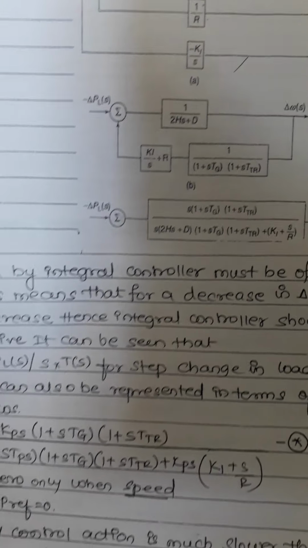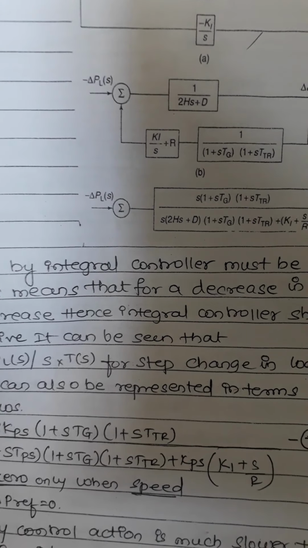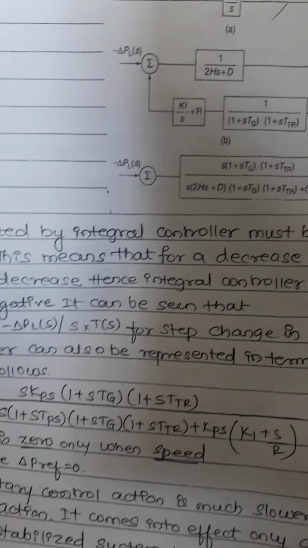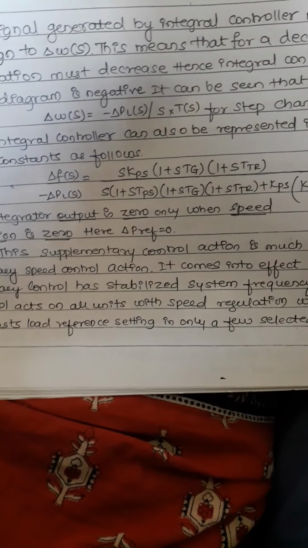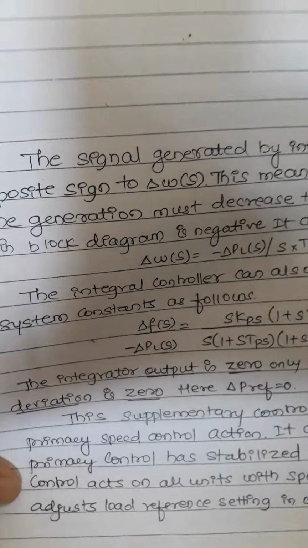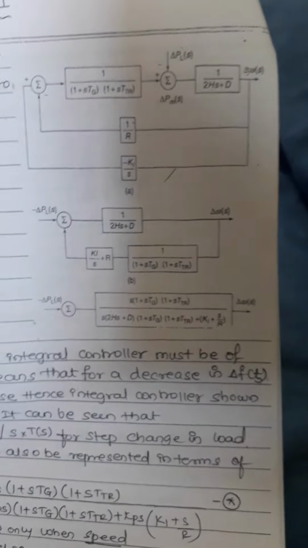It comes into effect only after the primary control has stabilized the system frequency. This primary control stabilizes the frequency, and the speed regulation control has been adjusted here in this block diagram.